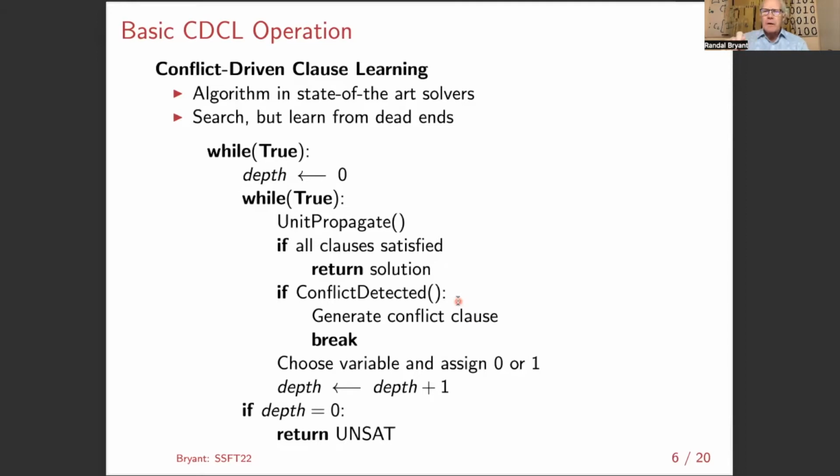So at least one of those variables I want to assign the opposite value. And that's what a conflict clause is. It's saying, I'm sure that the satisfiable solutions must satisfy this particular set of constraints.